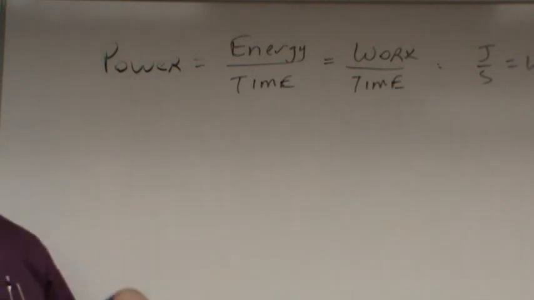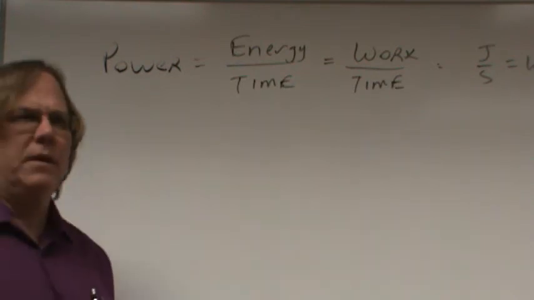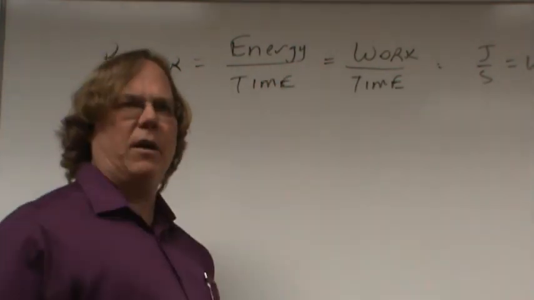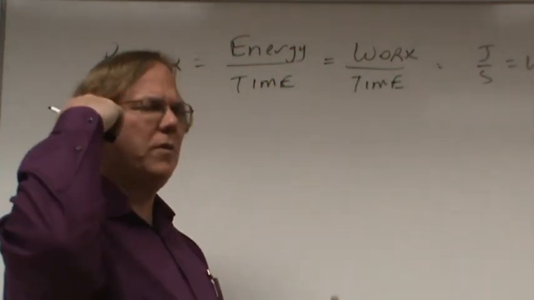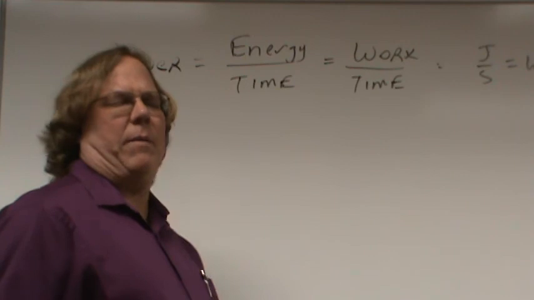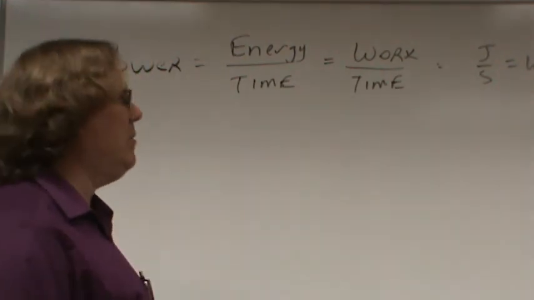Power starts to become important when we have processes that last a long time. It's not very useful to talk about the energy the lights use because the light's going to be on for varying amounts of time and usually really long amounts of time. And so with lights being on, we talk about the power, how many joules they use per second. Then we just multiply by the number of seconds. That's how much energy it uses.